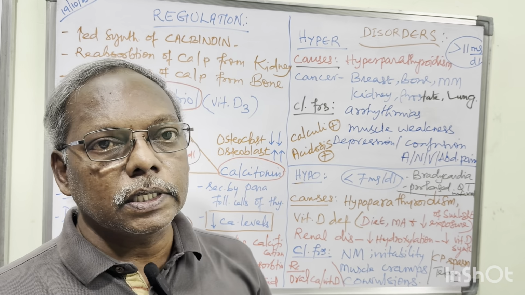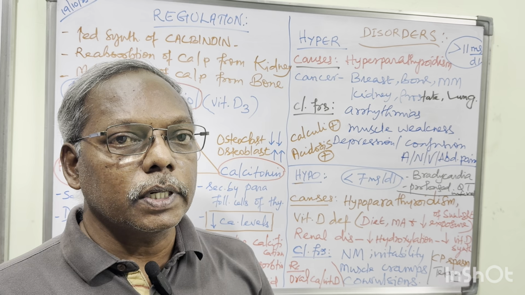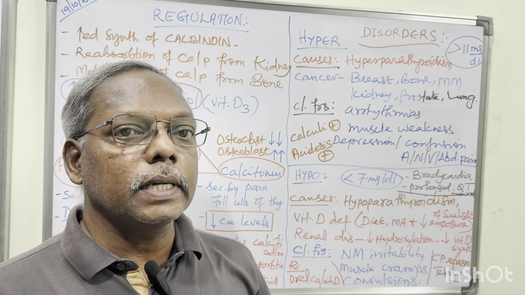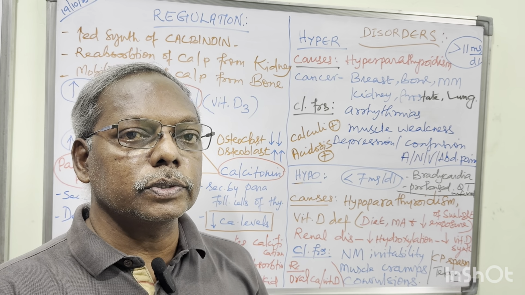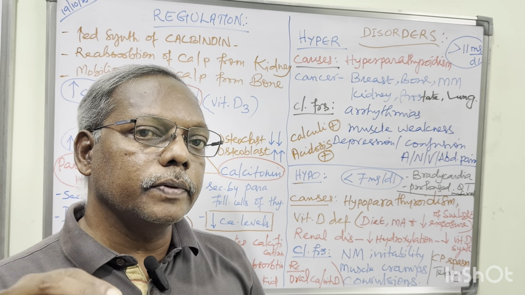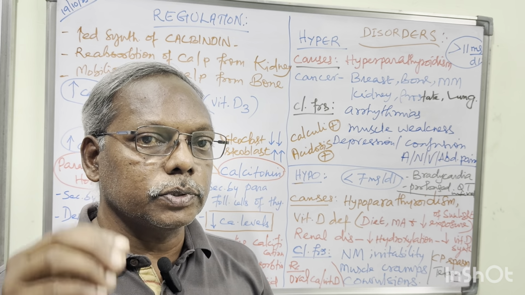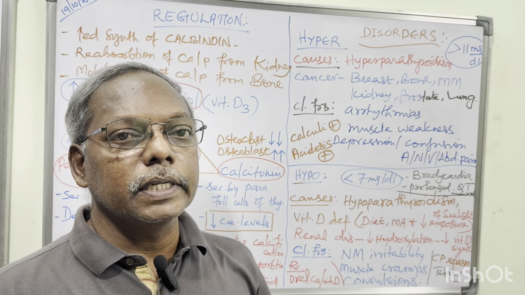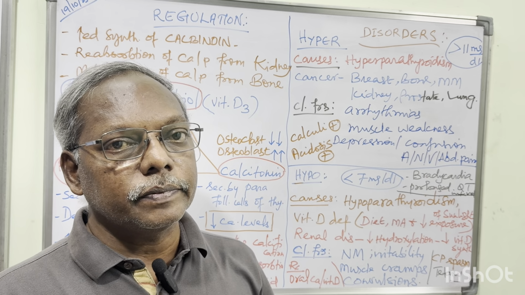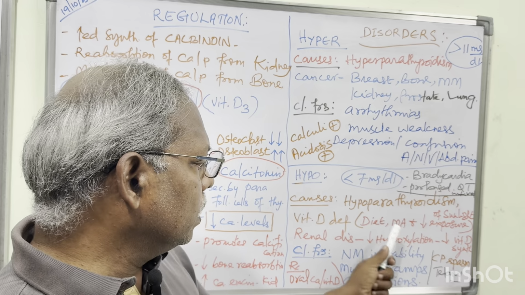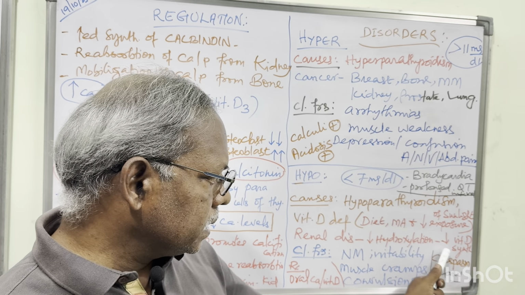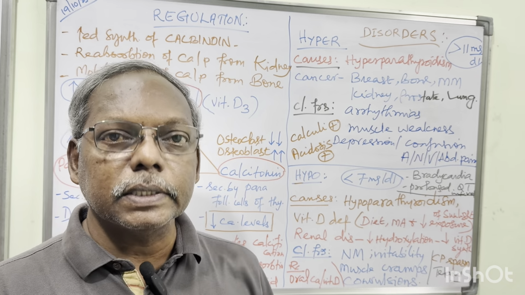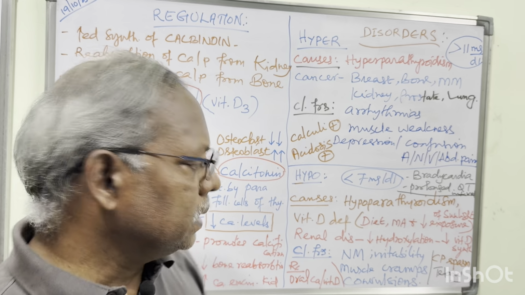And renal disease also produces hypocalcemia. How? Because the active form of calcitriol is produced by kidney and liver hydroxylation reactions. Suppose the hydroxylation reactions decrease due to some diseases, then automatically the synthesis of calcium also decreases. So decreased hydroxylation leads to decreased vitamin D synthesis, which leads to decreased calcium.